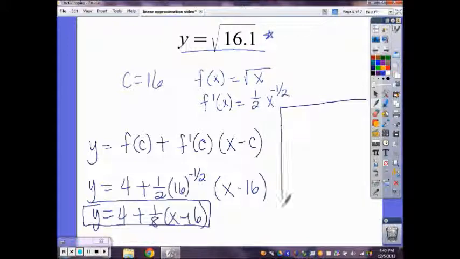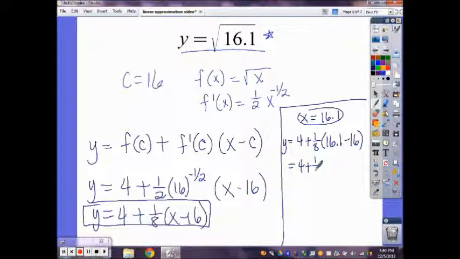So what we do is we backtrack to what we were originally trying to find. X would equal 16.1, so I plug that into my tangent line equation. So I get y equals 4 plus 1/8 times 16.1 minus 16. And then this would simplify to 0.1.